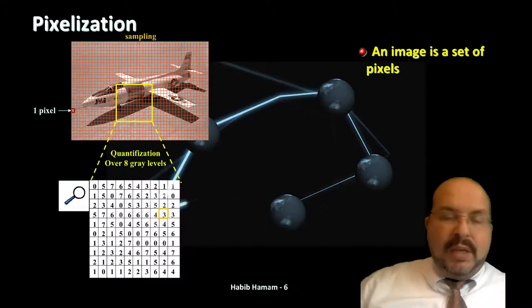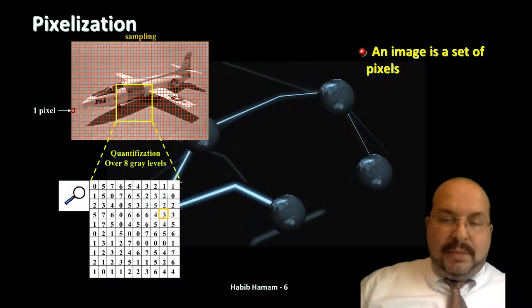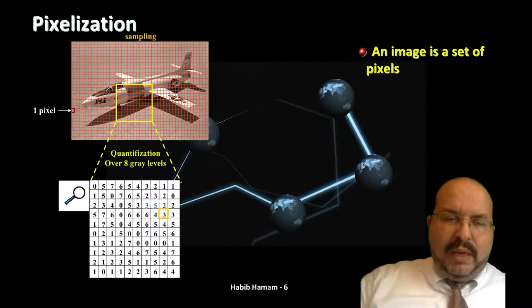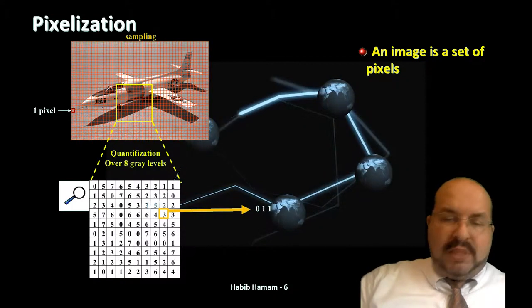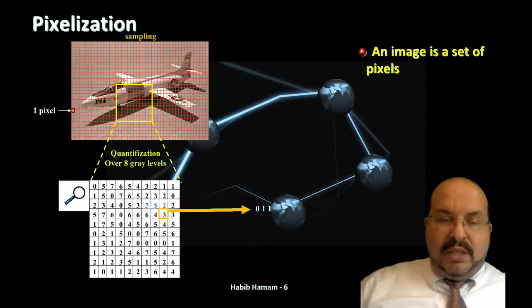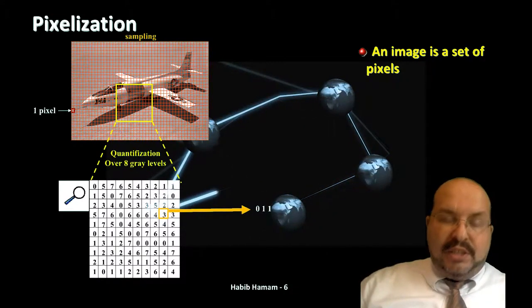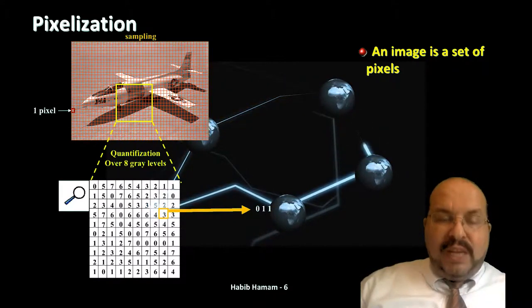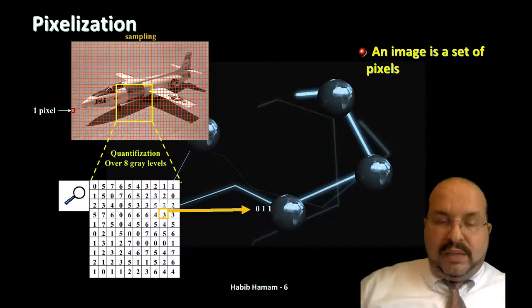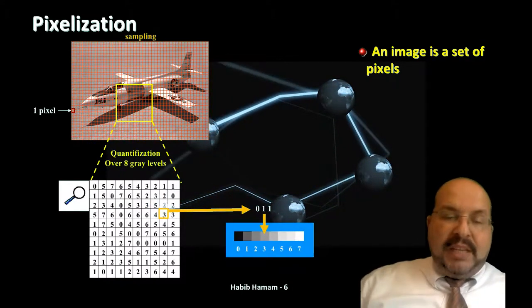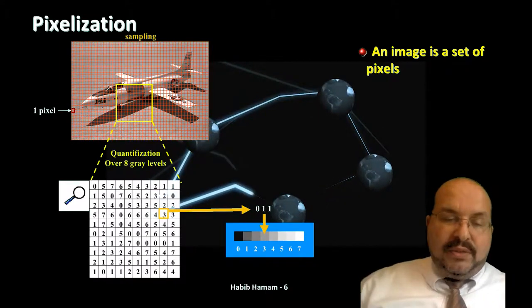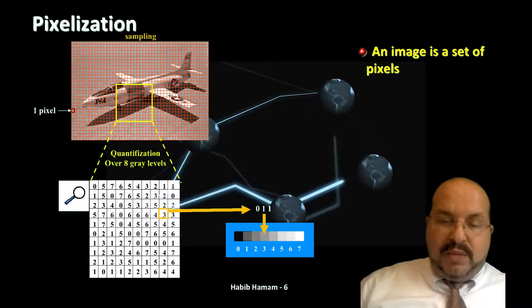For example, this pixel is a pixel with a value 3, which is between black and white. And I represent this in the binary system with 3 digits 0, 1, 1. Because for 8 values, I don't need more than 3 bits.